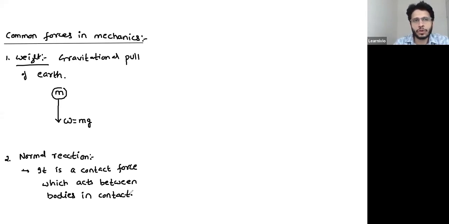So this is the force which acts between two bodies when they are placed in contact. Let's say this is a surface. Over the surface, I placed a body of mass m. So due to the contact between the body and the surface, a contact force known as normal reaction will act on the body.